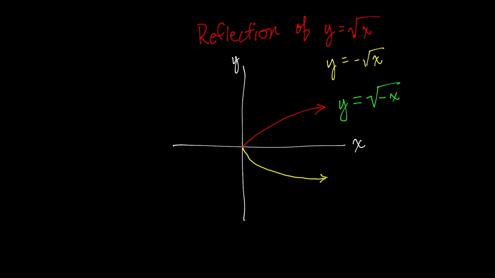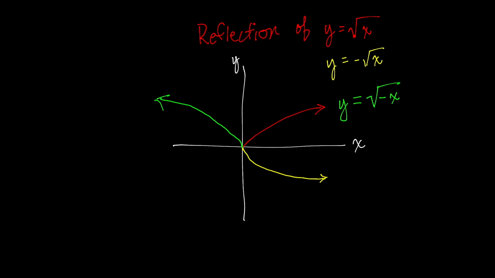So negative x. When the negative sign is on the x as opposed to on the function, it is telling me to flip this across the y-axis. So I'll draw that in green just to match it up. It would look something like this.